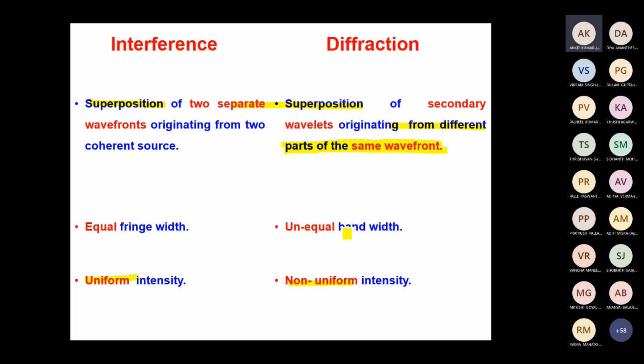Both are superposition phenomena. The only thing is the waves originate from two separate wavefronts, whereas here the wavelets originate from different parts of the same wavefront. Equal fringe width here, unequal fringe width there. If you take all bright bands, you'll have roughly the same intensity. Here the intensity no longer remains the same, it keeps varying. In fact, it keeps on decreasing as you move away from the central maxima.